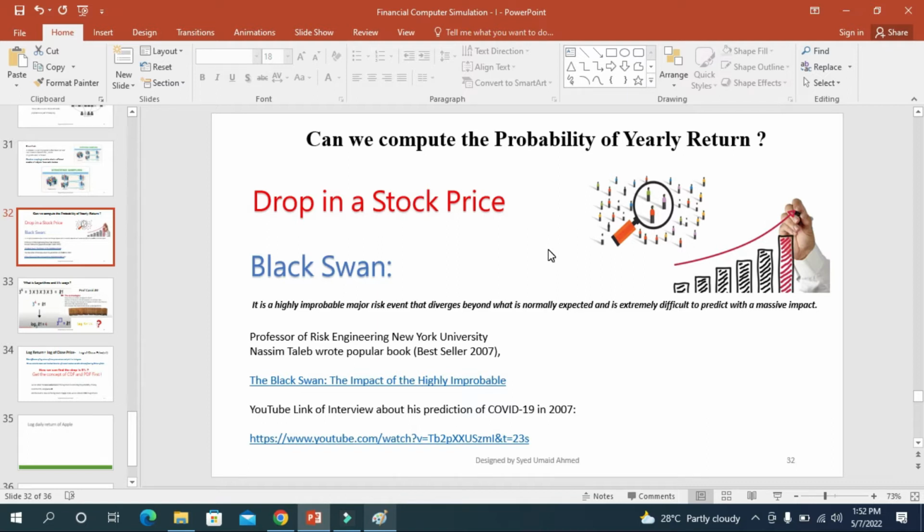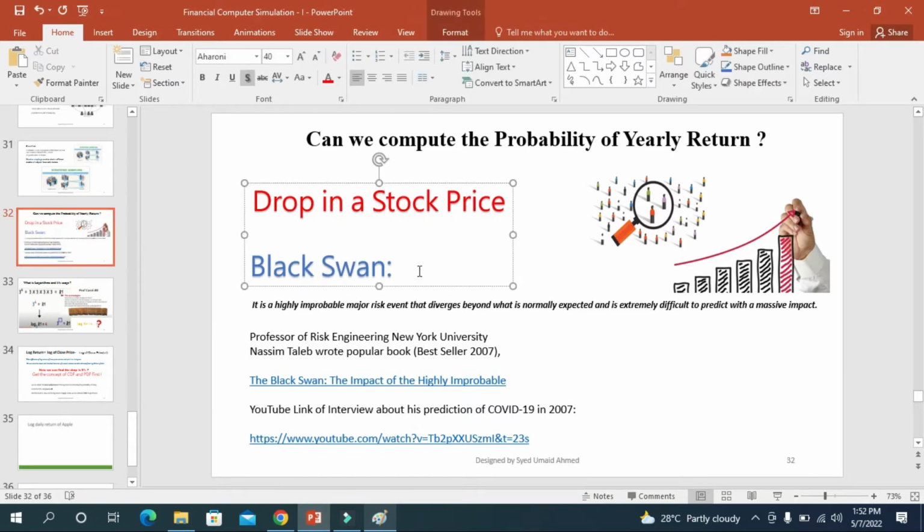But before that, I want to show you that the closing prices of our stock and our own log return are also approaching a normal distribution. But before going towards the practical, I want to discuss the term black swan.